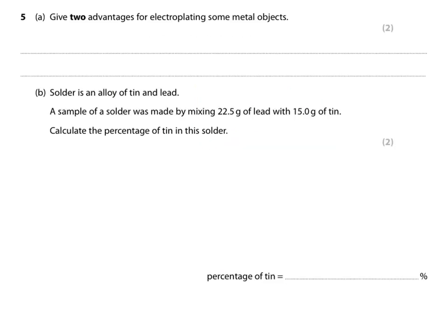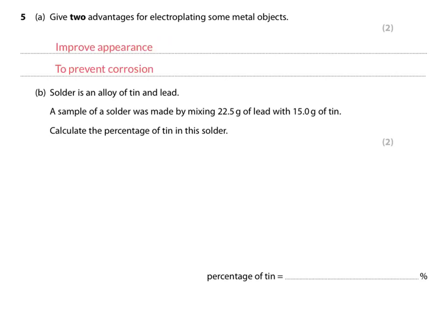So question 5 reads, give 2 advantages of electroplating metal objects. So electroplating is when we attach electricity to the object, and then we use, sort of like electrolysis, this to coat the object with another type of metal. So we do this for 2 reasons. The advantage is to improve the appearance.